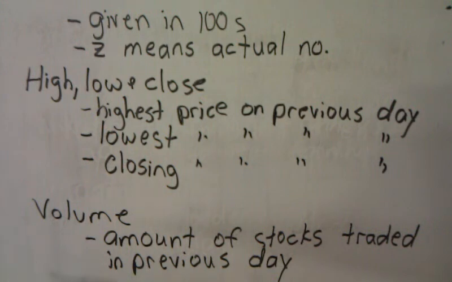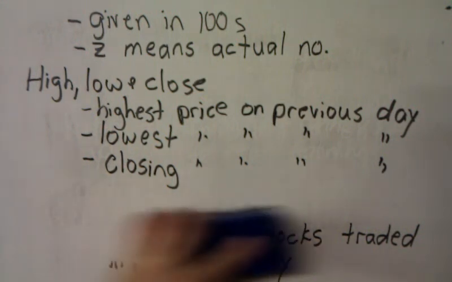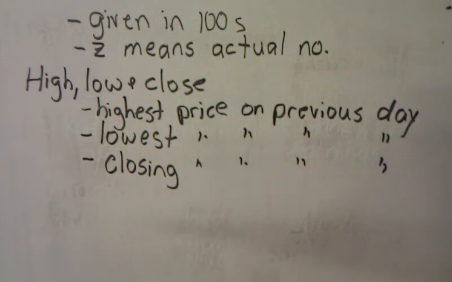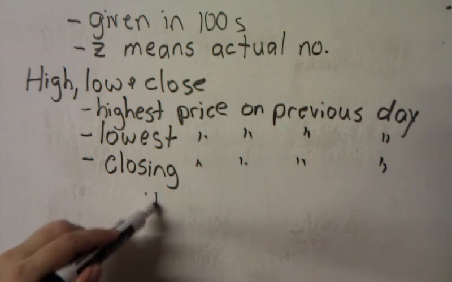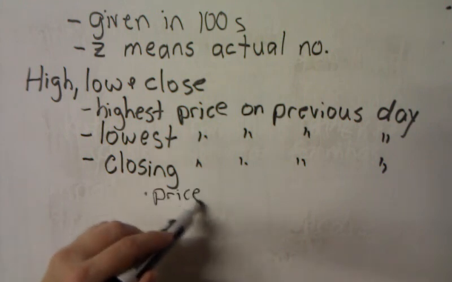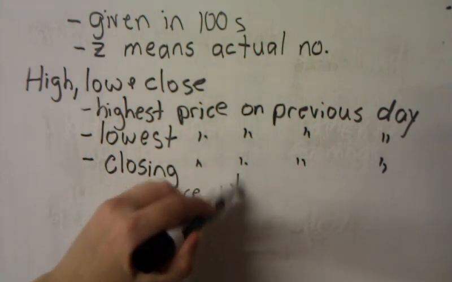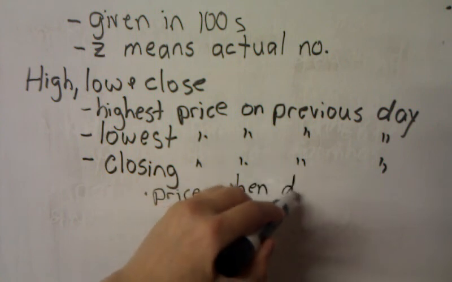Okay, we said the volume was the amount of stocks traded on the previous day. The closing price is the price whenever the trading day ended.